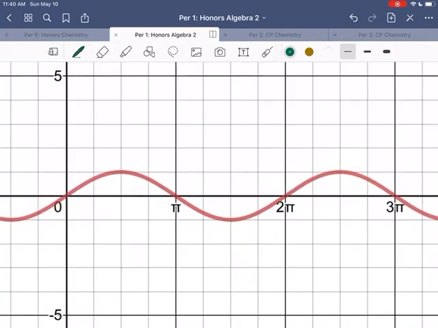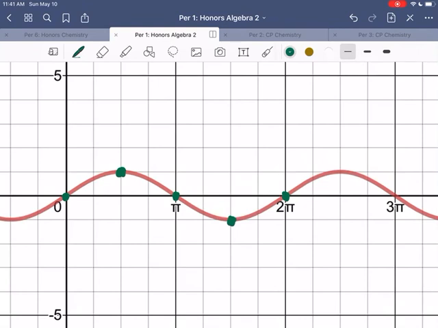Now what I mean by that is that here's 0, and then it goes up. Here's the peak, and it is exactly on one of these intersecting lines. Goes back down, touches the x-axis exactly at pi. Goes down, and its lower peak is exactly halfway between pi and 2 pi, and then finally it goes back up into 2 pi.